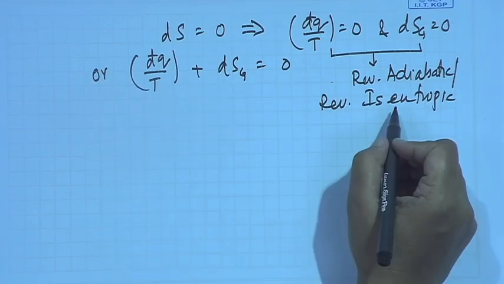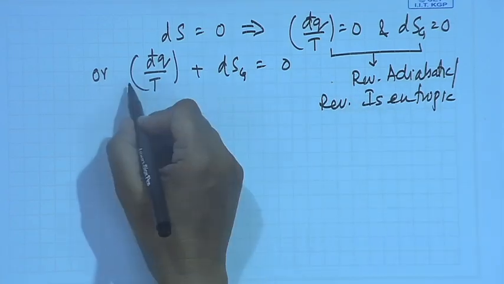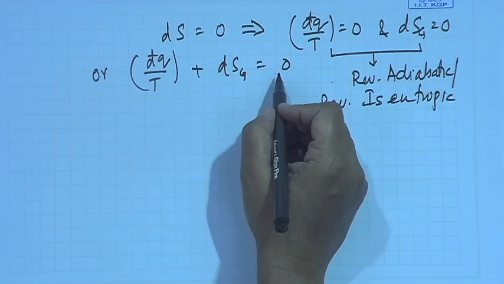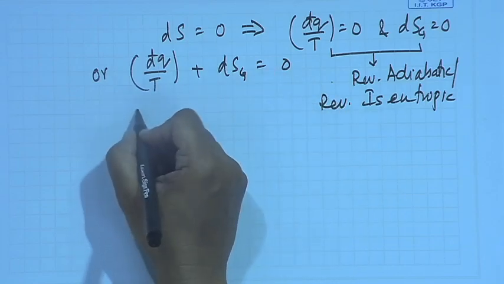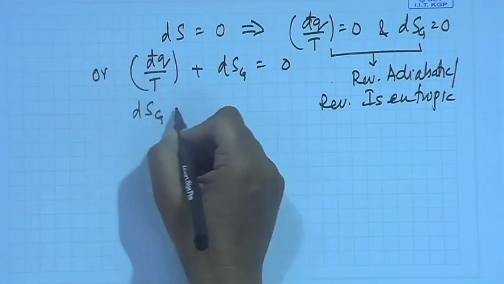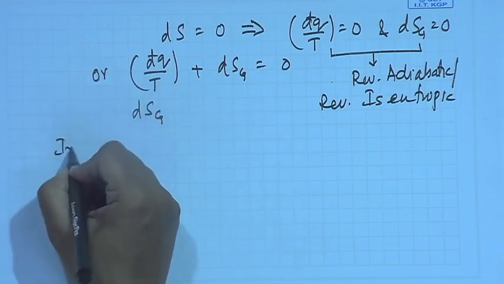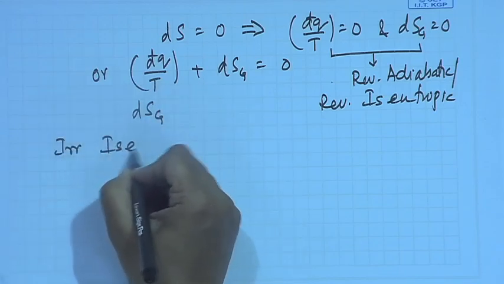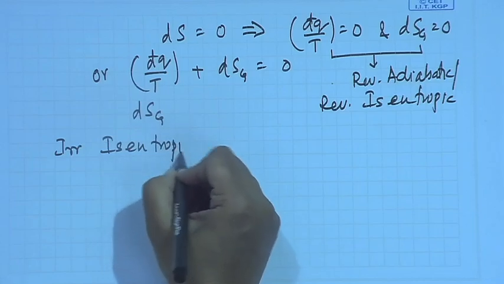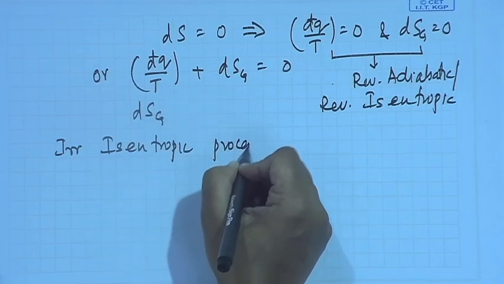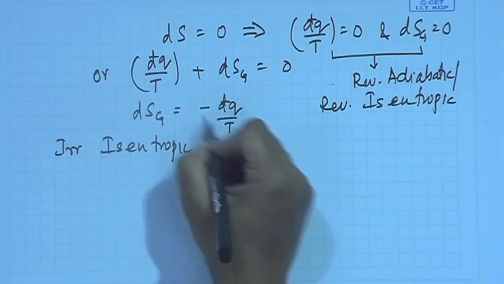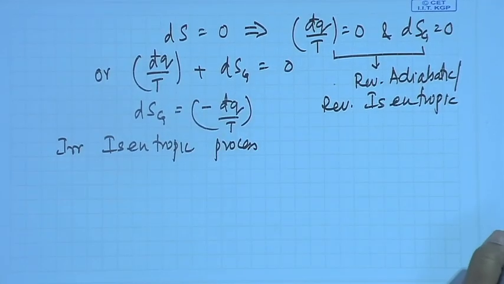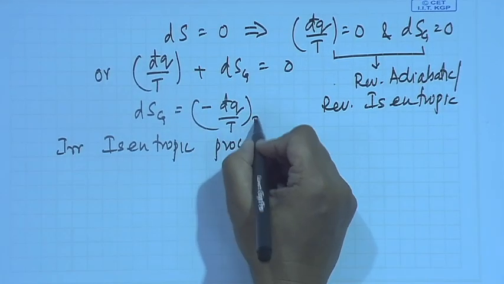But we can also have an isentropic process with this being obeyed. When this is obeyed, what do we find? We find that an irreversible isentropic process is also possible, where dsg is equal to minus dq by T. What does it imply?